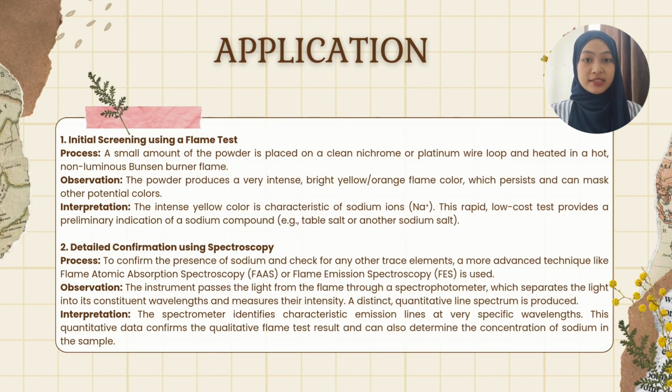During this process, light from the flame passes through a spectrophotometer, which separates the light into different wavelengths and measures their intensities. The results show distinct characteristic emission lines at specific wavelengths. This confirms the presence of sodium and also allows the concentration of sodium in the sample to be determined.